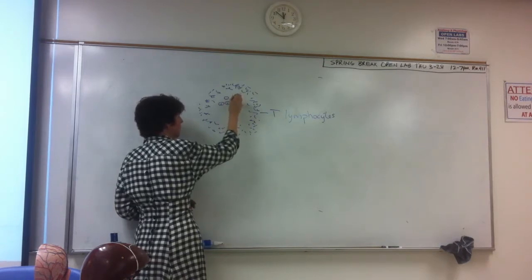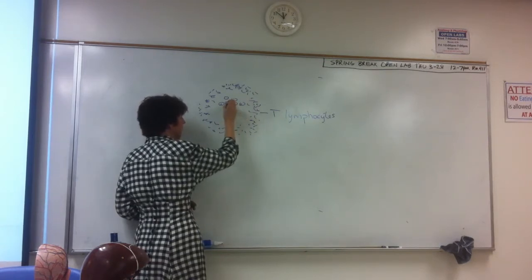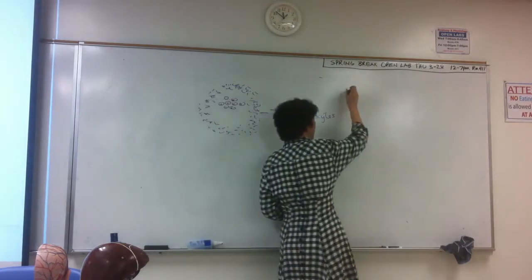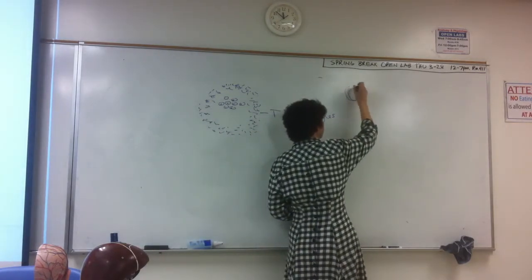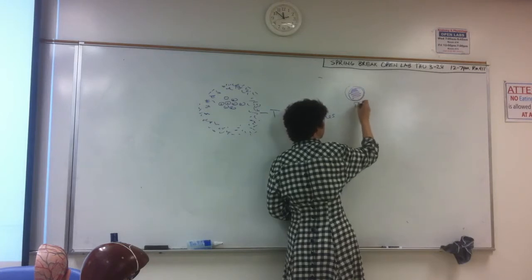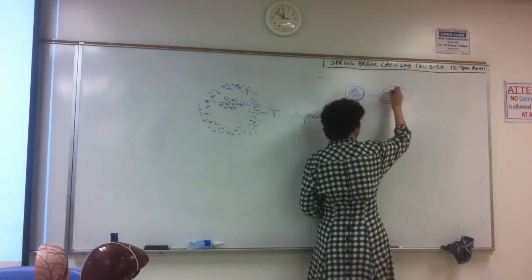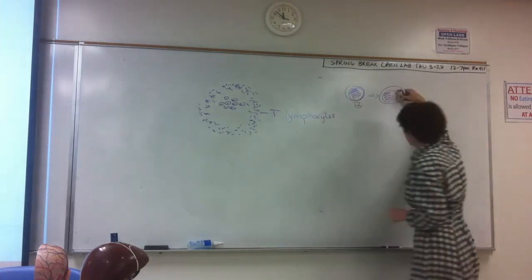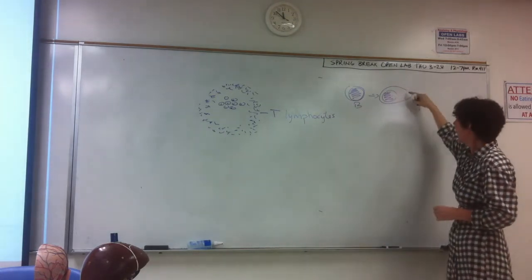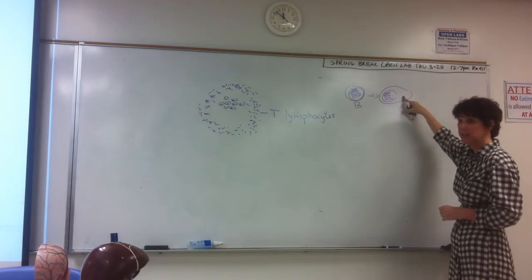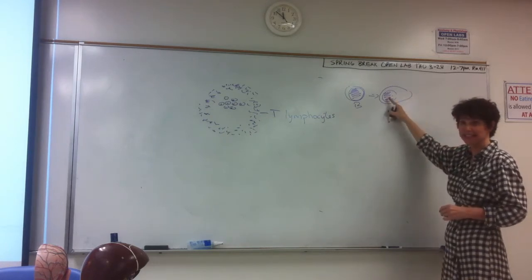And when a B lymphocyte becomes a plasma cell, it goes from this appearance to this appearance. And we have a light Golgi area and ribosomal ER, but that's less dense than the nucleus.